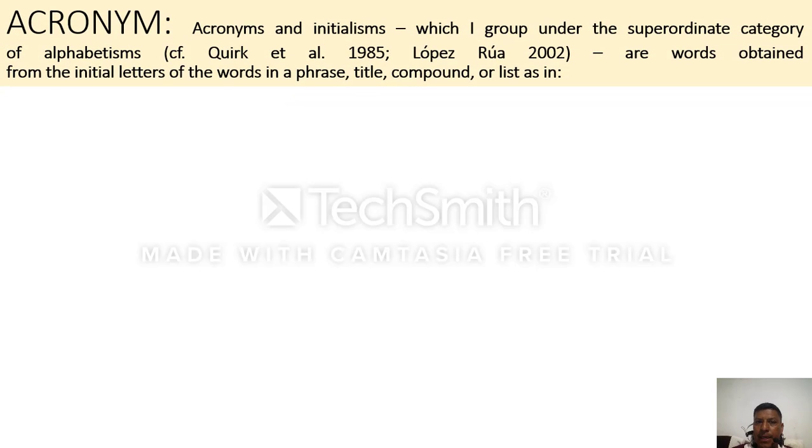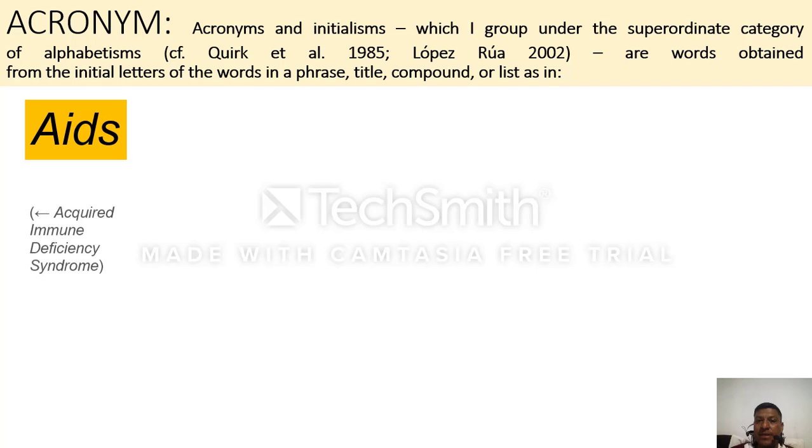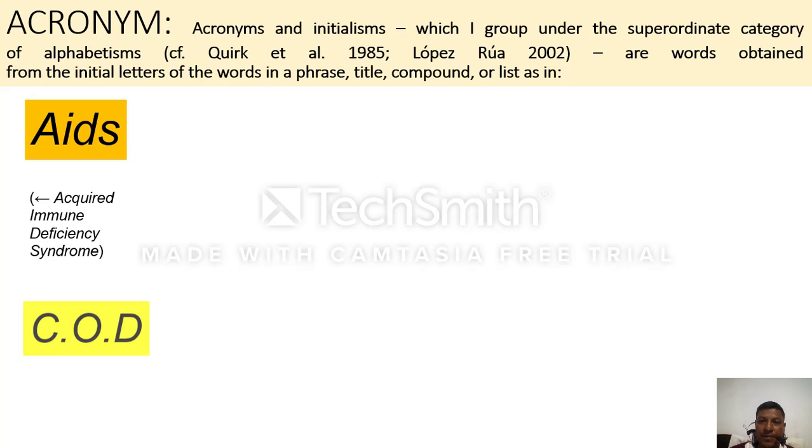Other form of abbreviation, acronym. Acronym, initials. In this group, the categories and alphabets are very important. Maybe remember that in 1985, Lopez Rua, 2002, words are also obtained from the initial letters of the words in phrases, the title, compound or list.